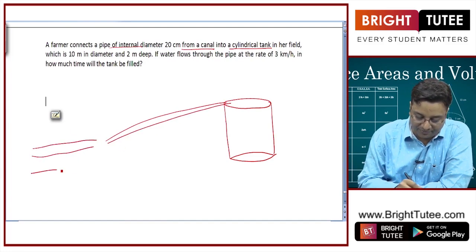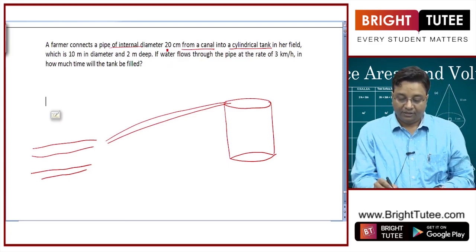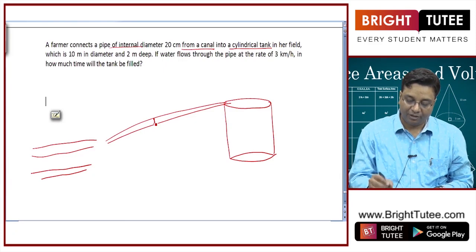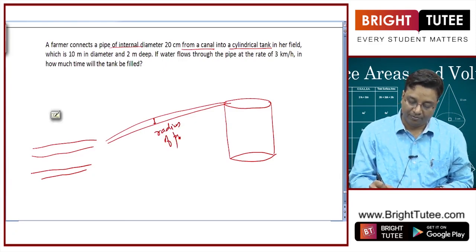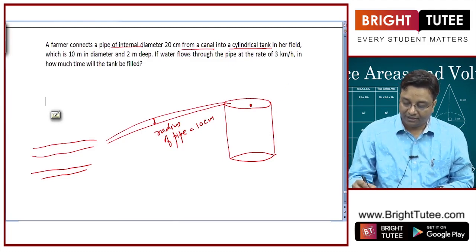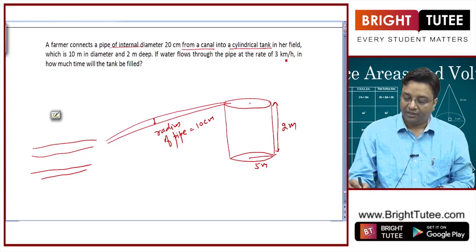There is a canal, right? And this pipe has internal diameter of 20 centimeters. So radius of pipe is equal to 10 centimeter, right? And this cylindrical tank's dimensions are 10 meter is diameter, so 5 meter is the radius, 2 meter depth, right?